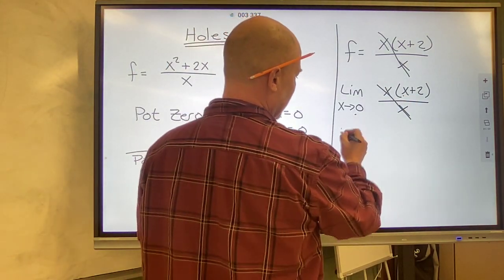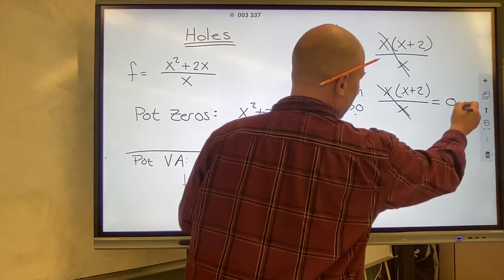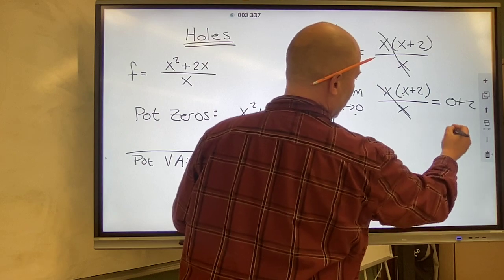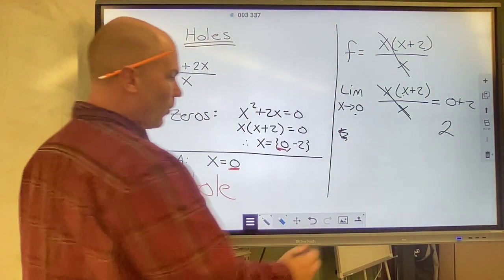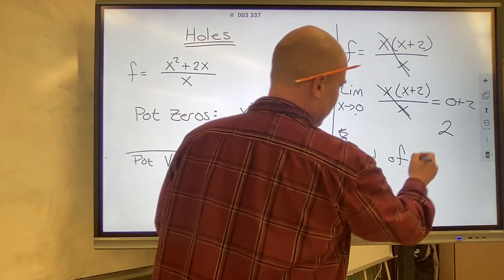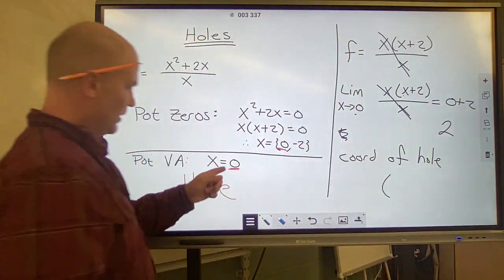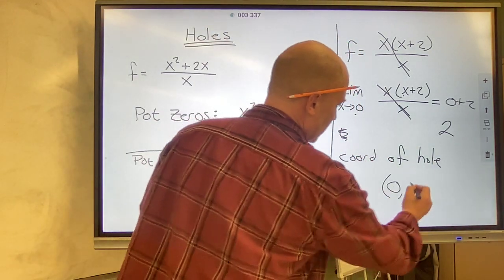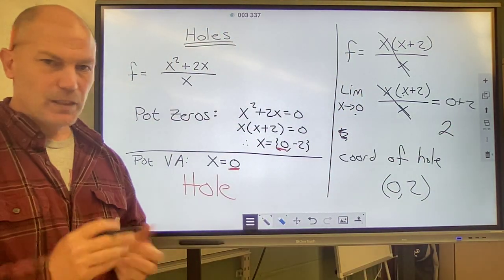So we end up getting just 0 plus 2, and we find out that there's a hole at 2. So the coordinates of the hole are 0, 2 from that value. Those are the coordinates of the hole.